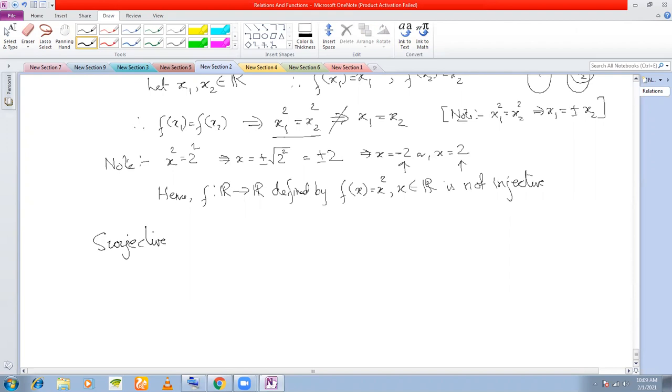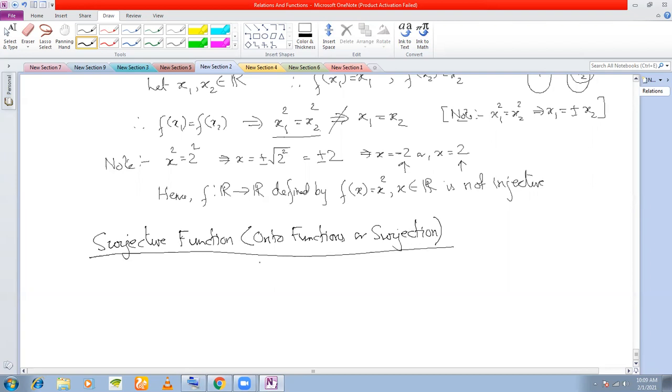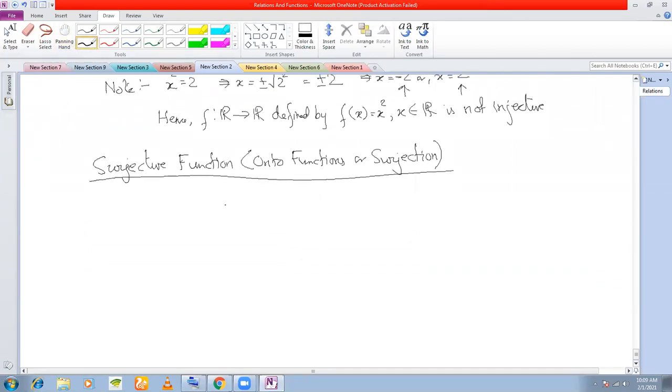Surjective functions, also called as onto functions. Onto function, also called as surjection. Okay. So what is an onto function? In case of an onto function, let us see the formal definition.